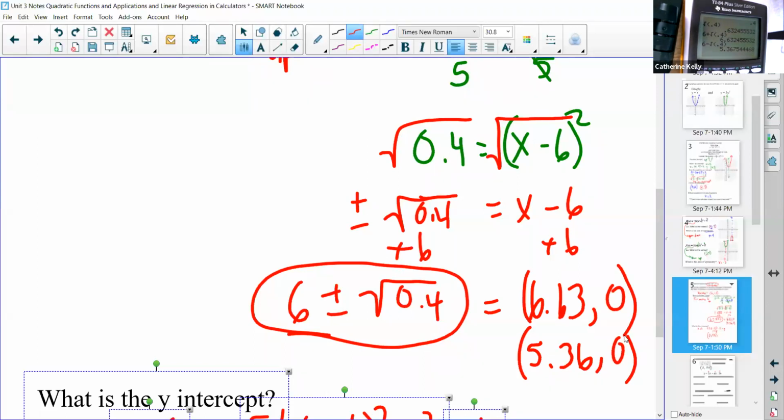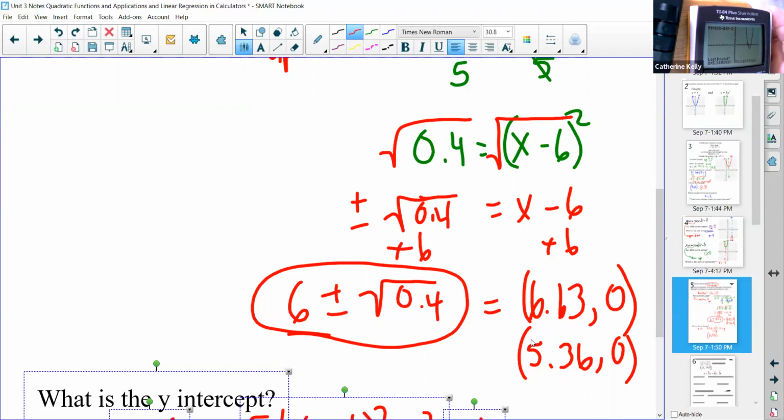If I go back to my graph and I want to make sure, I go to second, calc, and I want to find my zeros when y is 0. So my left bound, I'm going to go before where x is, and I'm going to come closer to my point.